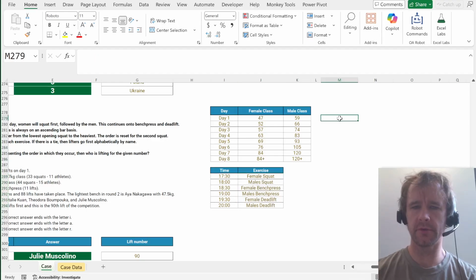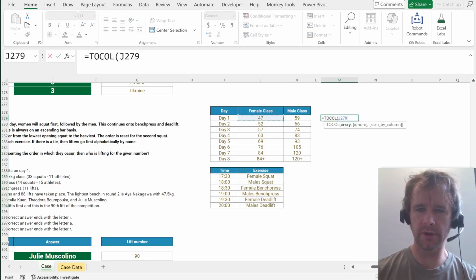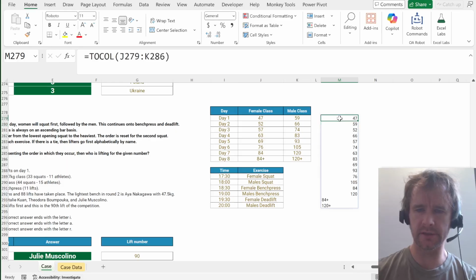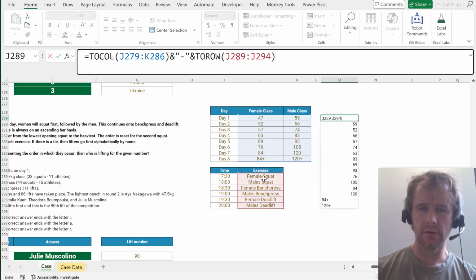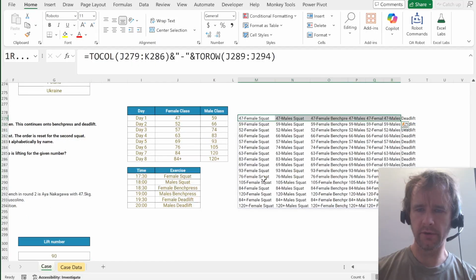Right, so first thing I want to call this, because that's the order in which the classes go. Then I want to say and to row of this. So this is now the full running order.